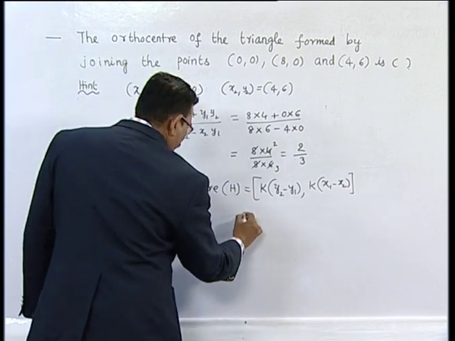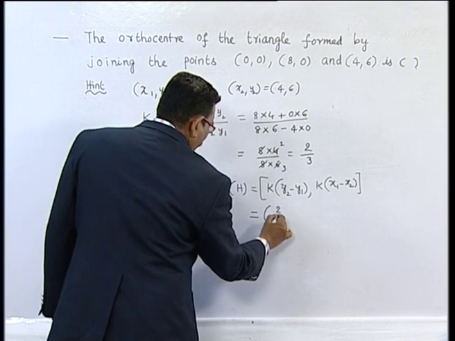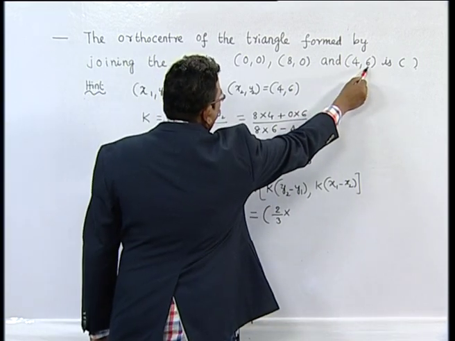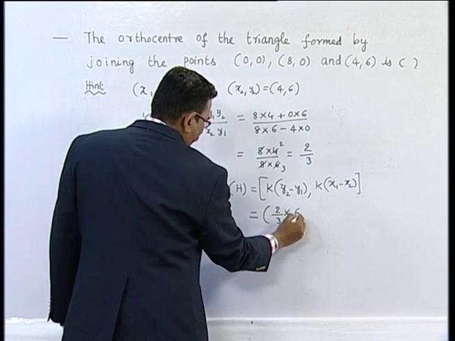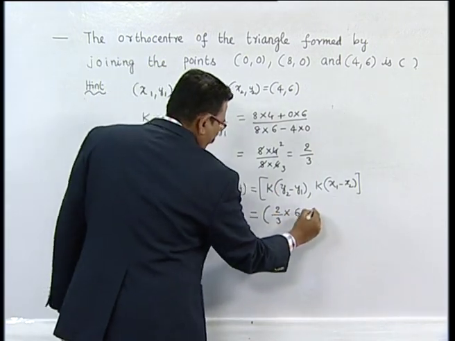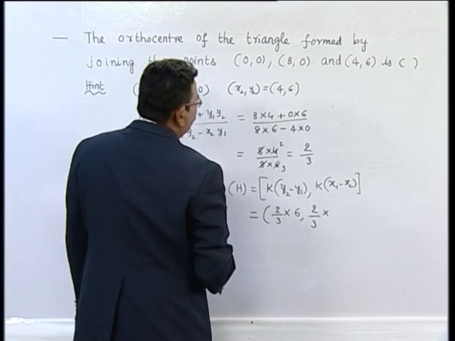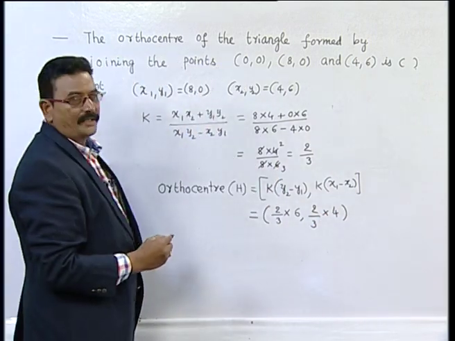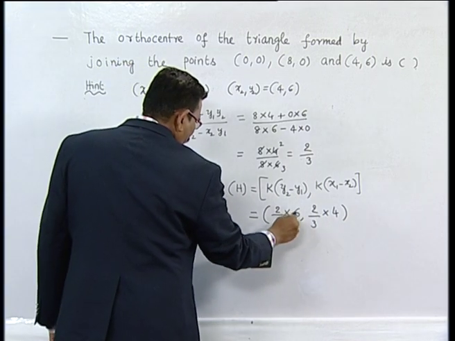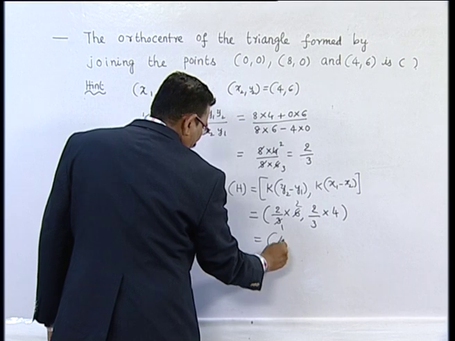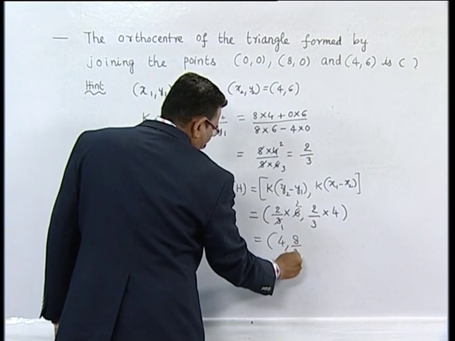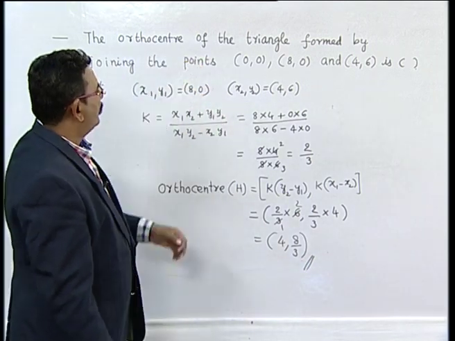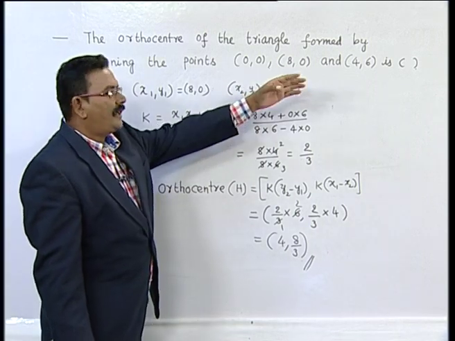So, this equals 2 by 3 multiplied by y2 minus y1. y2 is 6, y1 is 0, so 6 minus 0 is 6, comma, 2 by 3 multiplied by x1 minus x2, that means 8 minus 4, which is 4. So this is 4, comma 8 by 3, which is the orthocenter of the given triangle whose vertices are (0, 0), (8, 0) and (4, 6).